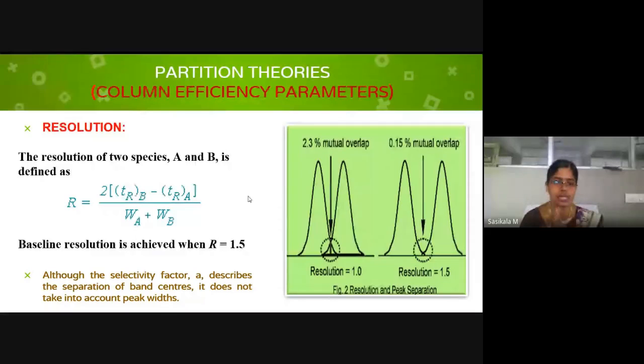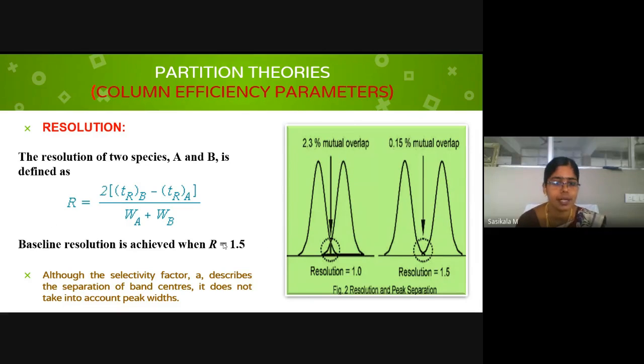So how is resolution calculated? It is 2 times the difference in retention time between the second analyte and the first analyte. The second analyte's retention time will be higher than the first analyte's, right? That's why we take the retention time of the second analyte first when calculating the difference. Then divide by the sum of the peak widths of the first and second analyte.